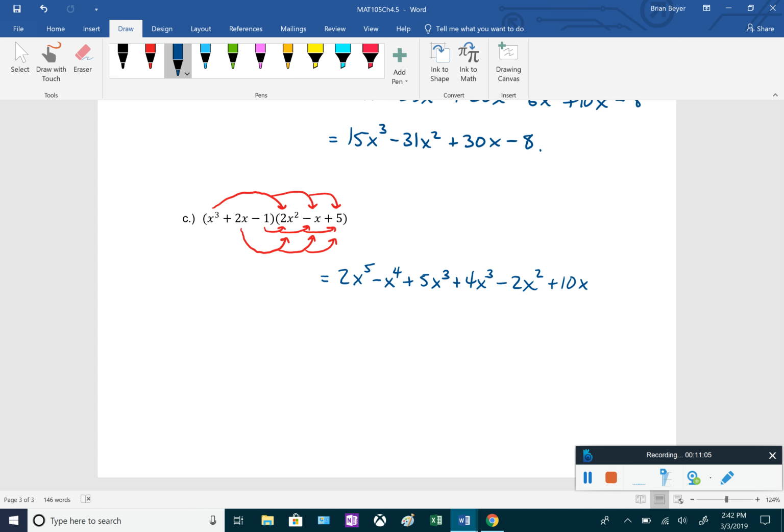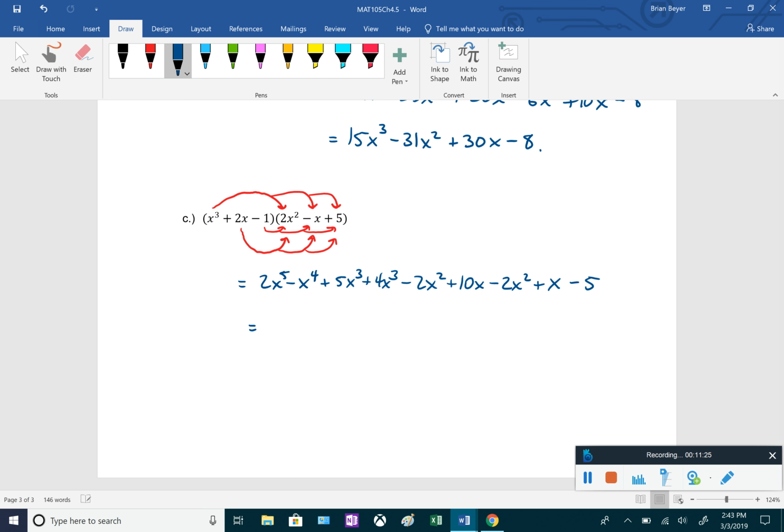I'm going to shift this all over in a second. Okay, just had to make some room. Now lastly, multiplying the -1. -1 times 2x squared is -2x squared. -1 times -x is plus x. -1 times 5 is minus 5.